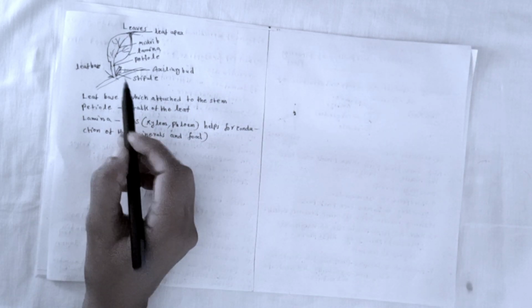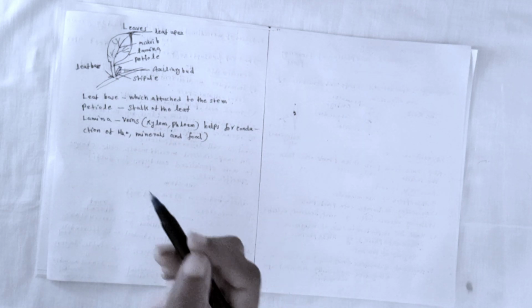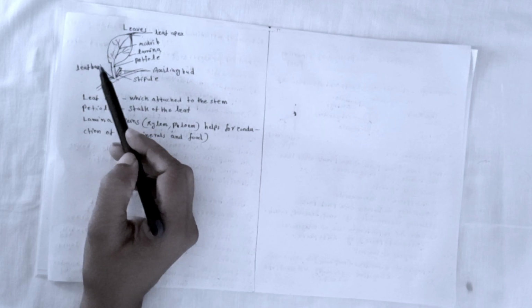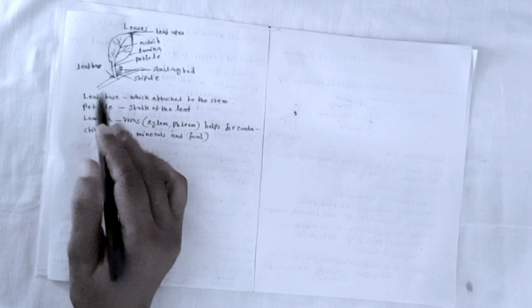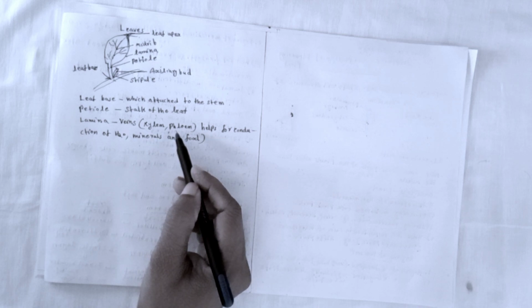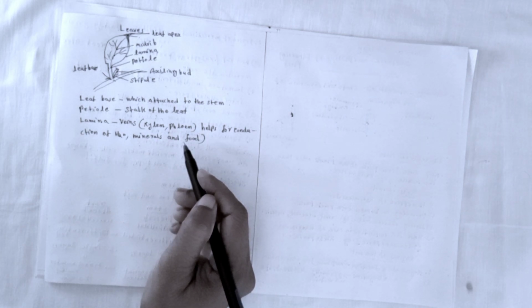The leaf blade is greenish in color and flattened. Photosynthesis mainly occurs in this part. It also has veins, that means xylem and phloem conductive tissues, which help in the conduction of water, minerals and food.